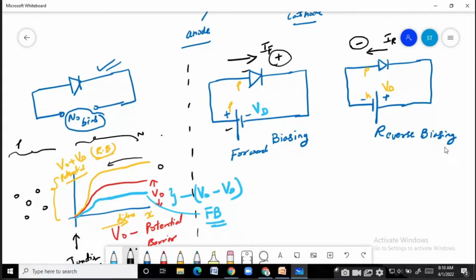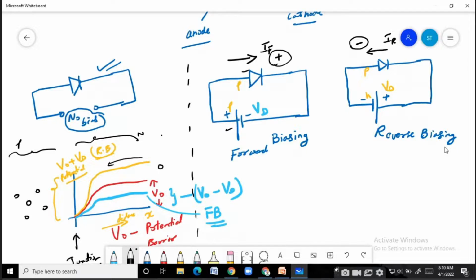But when you are reverse biasing, you are connecting the negative terminal of the power supply to the anode of the diode. So here it is a PN connection, positive with N. We remember it like this: PP, PN.